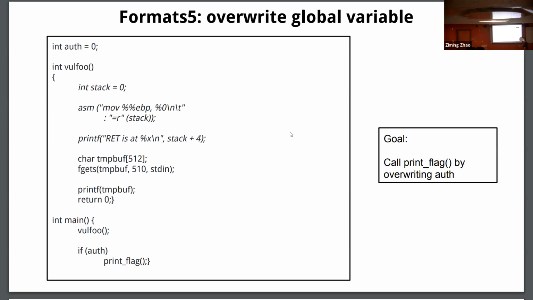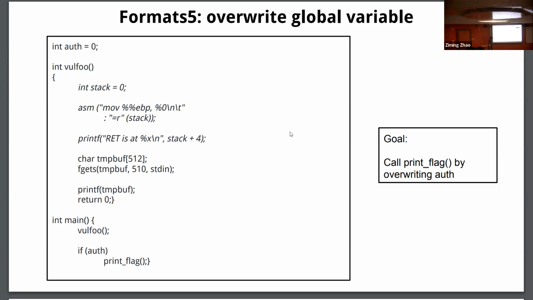So I actually printed it out for you in this challenge. This piece of code prints out the runtime address of the return address of the stack frame of vol. In the first approach, where we override the auth global variable, we don't really need that. The second approach, we already do that.